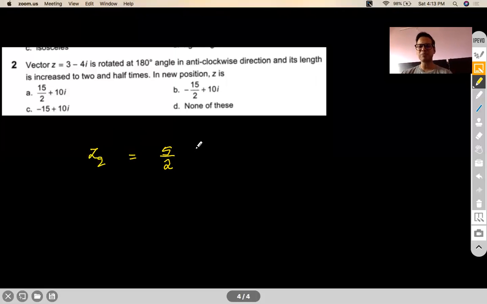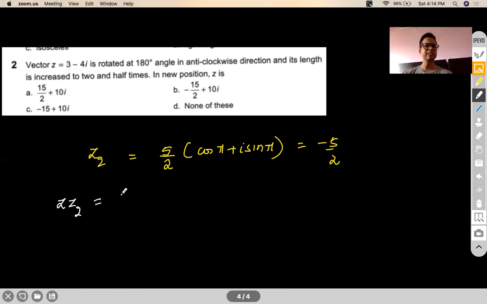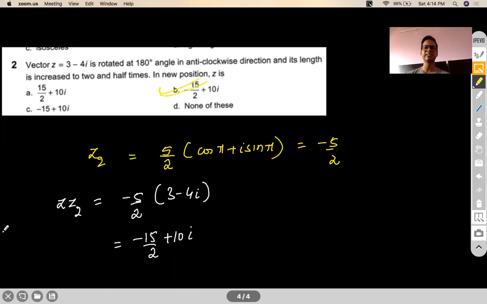You have a complex number whose modulus is 5 by 2 and whose argument is pi. Many people will say, sir, it is just minus 5 by 2. Yes, agreed. So your new location would be Z into Z2, which is nothing but minus 5 by 2 times 3 minus 4i, which gives minus 15 by 2 plus 10i. Option B is correct.